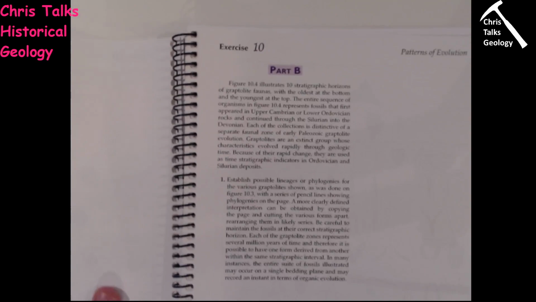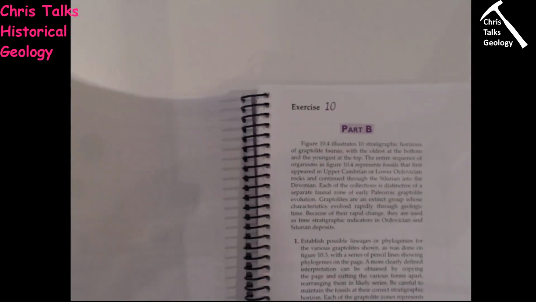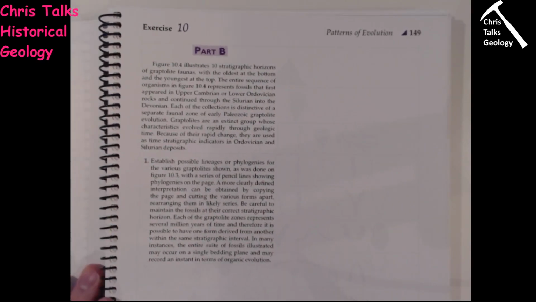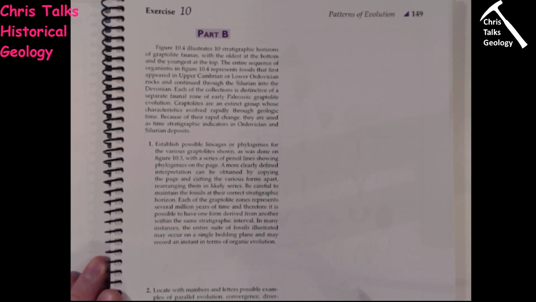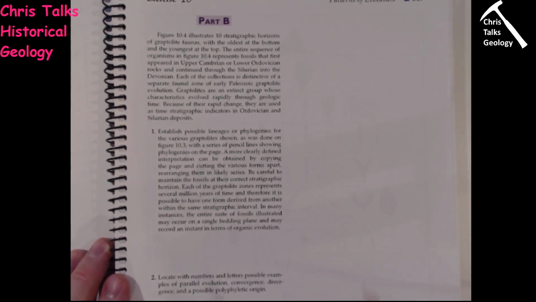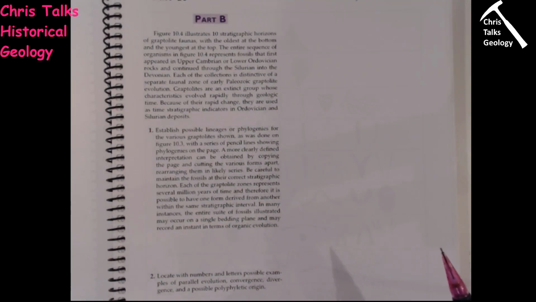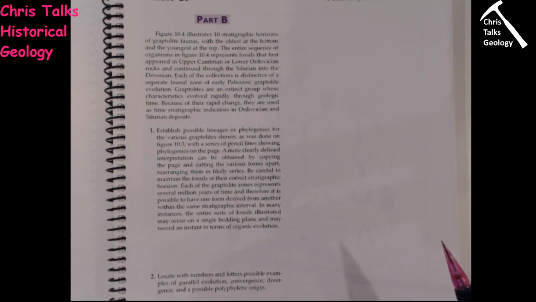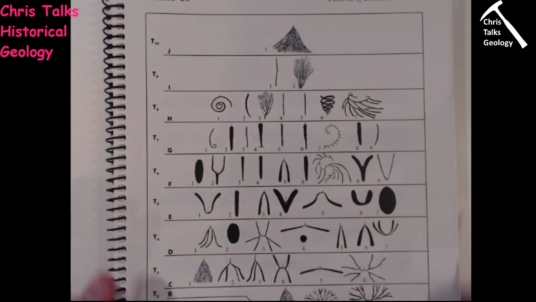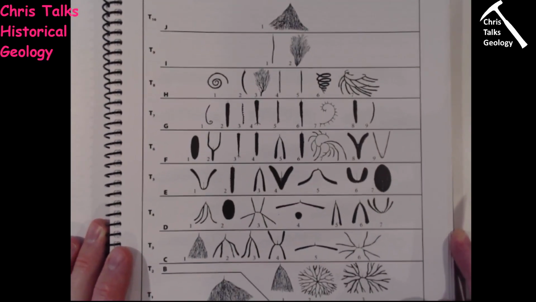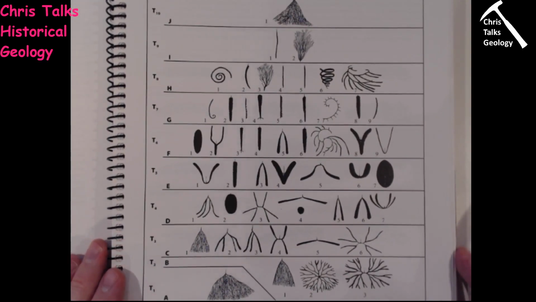So the next part of exercise 10 is part B, on page 149. In part B, we're going to do exactly the same thing that we did for part A, but this time we are using real world examples. So here it is. These are graptolite fossils.